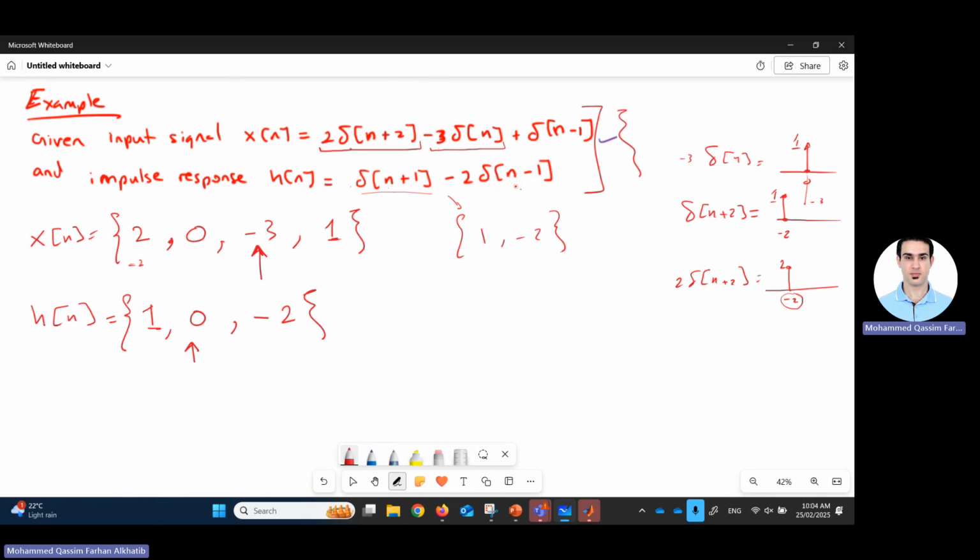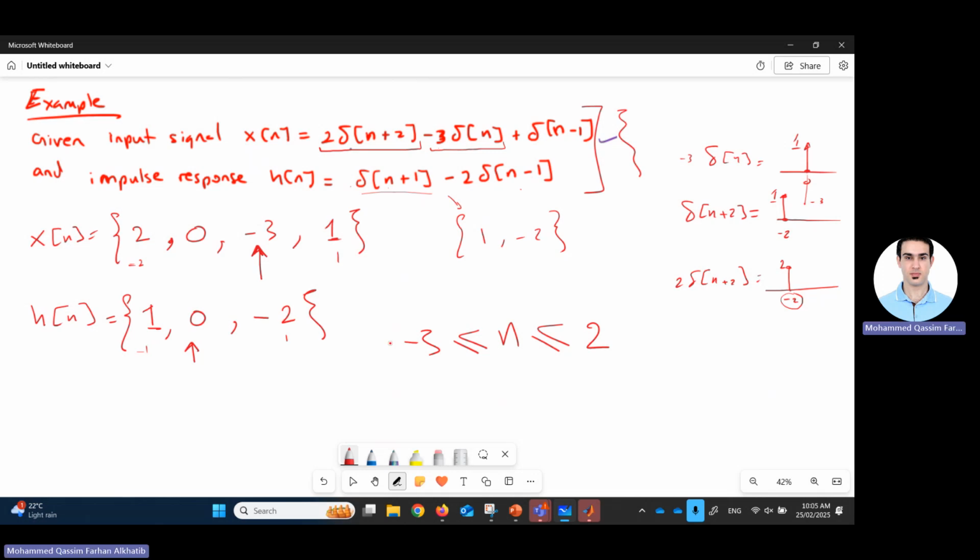All right, so I have my sequences, x of n and h of n. Now, what will be the initial point? So my output will be between which points? What is the first index here? -2. What is the first index here? -1. So it starts at -3, which is -2 plus -1. And it ends at, I have 1, I have 1, it ends at 2.